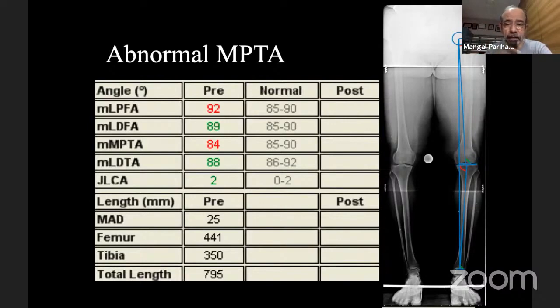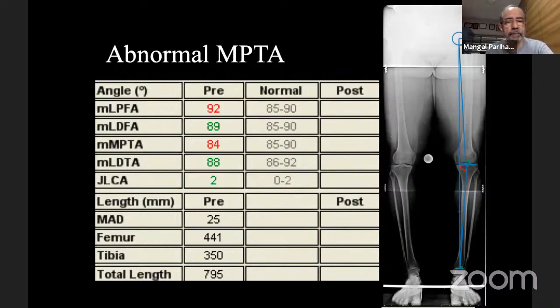There is one more thing which I have not included, but I think Milind will, because that's a little bit of an advanced thing: the relationship between the two condyles. Milind will speak about that whenever he speaks of a TC view, and that is something we need to keep in mind. So this patient would benefit from a simple high tibial osteotomy, whether open wedge, closed wedge, or with a fixator.